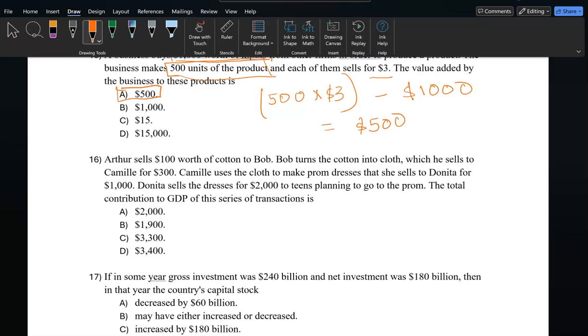What's the contribution to GDP of this series of transactions? This one. We are just looking at what the final buyers are paying for these dresses. And this is gross domestic product.